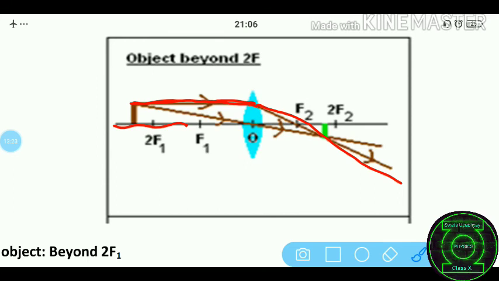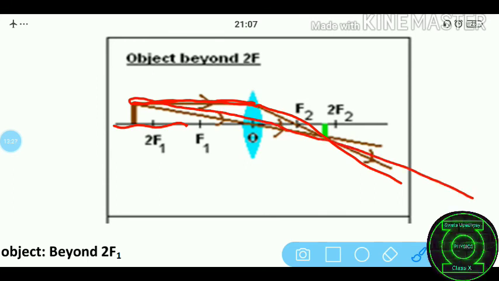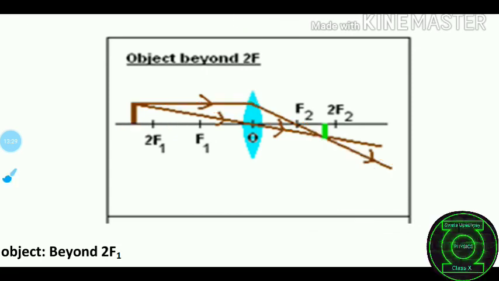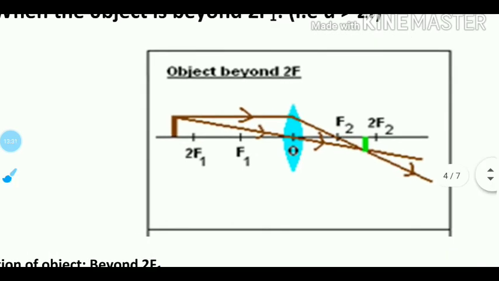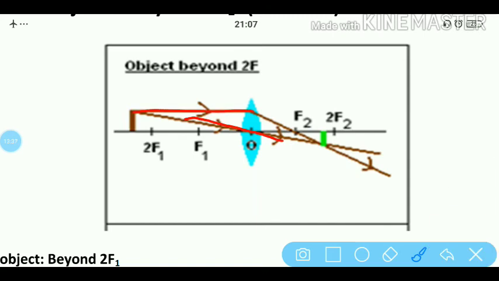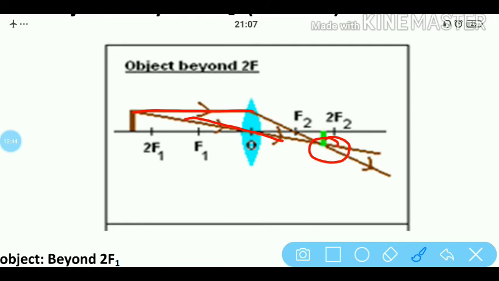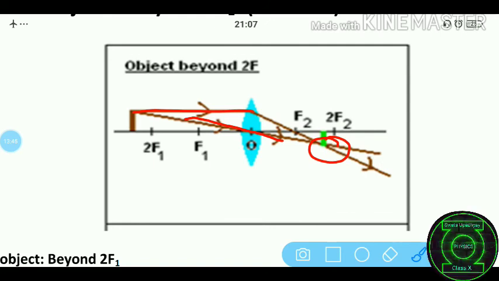Now the next ray which we have taken is a ray coming from the optical center, so it will pass undeviated. The ray which is coming from the optical center will pass undeviated, and this ray is parallel to the principal axis. These two rays meet at a point between the two focus.